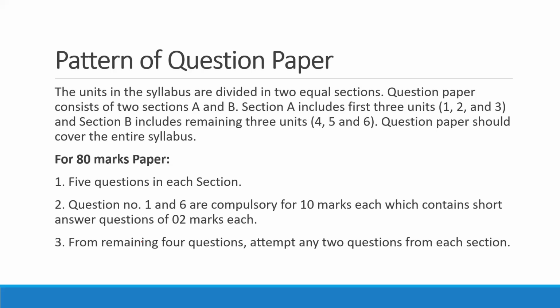You will be having 2 sections in your question papers, section A and section B. Out of these, question number 1 and question number 6 will be compulsory, and these question number 1 and 6 will have 10 marks each, with around 5 to 6 short answer questions of 2 marks each.